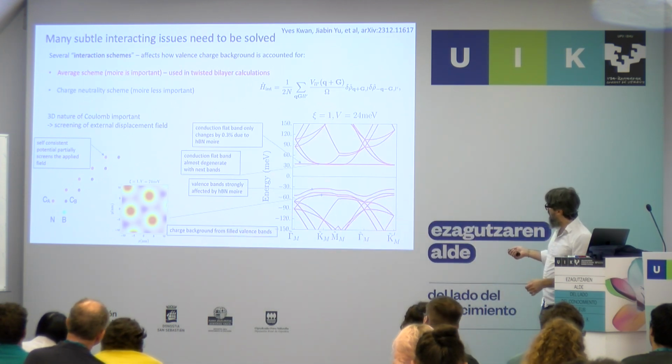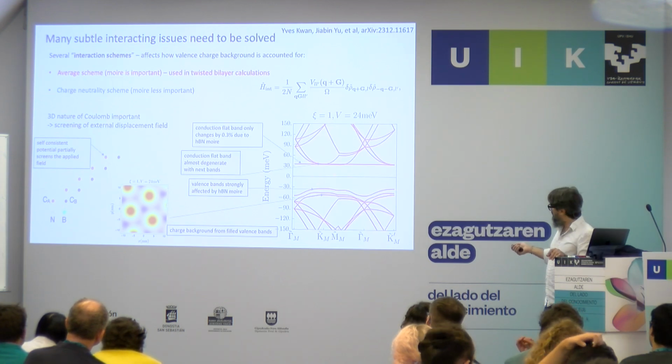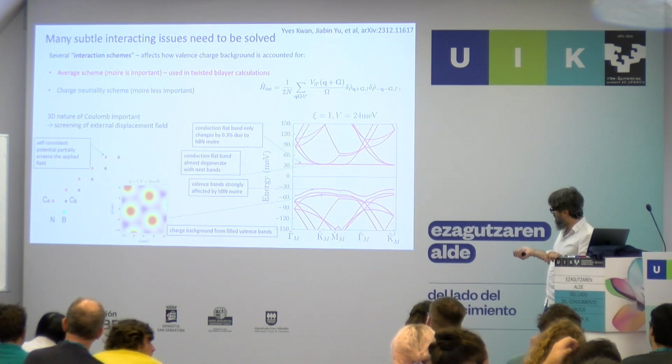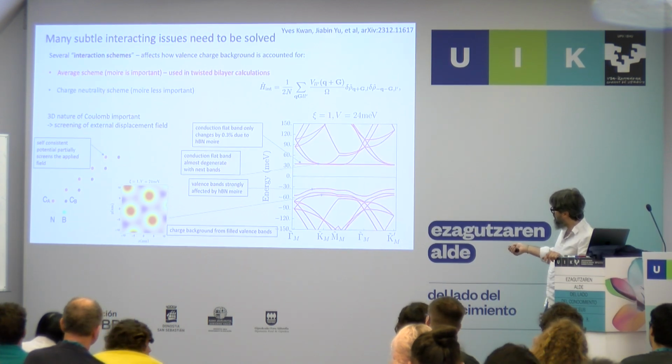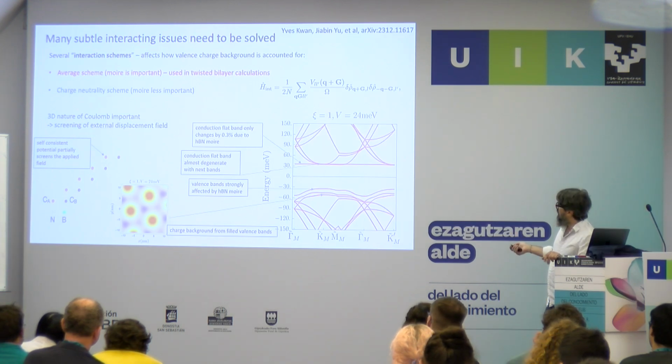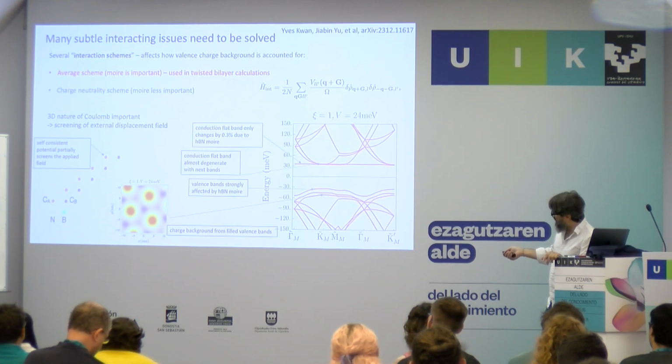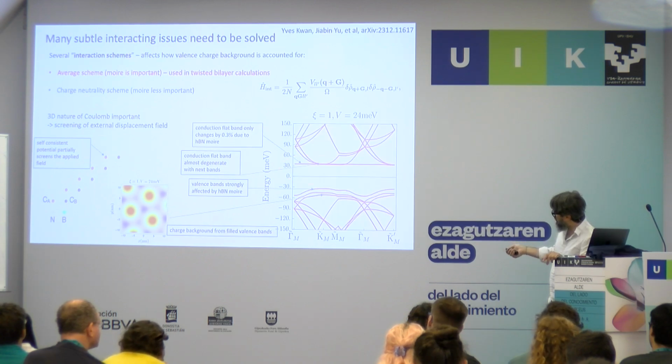You basically subtract the density of the valence bands, and that creates a potential that basically fills the moire. It would be a potential created by these valence band states interacting. These valence bands basically fill the moire, so they would create a potential that influences these conduction bands.